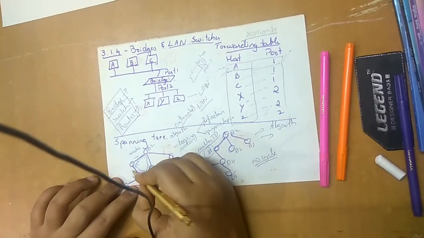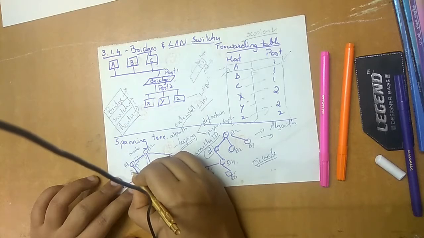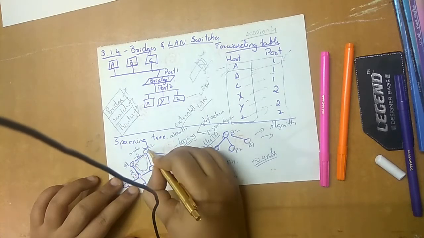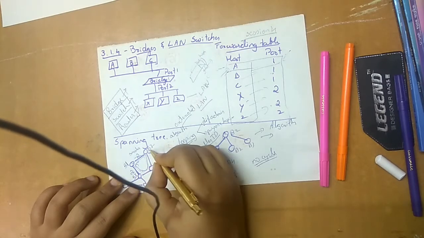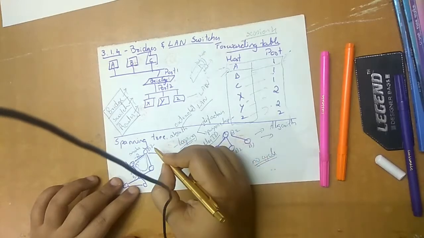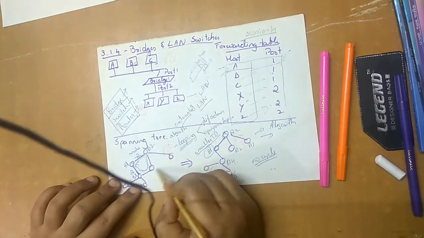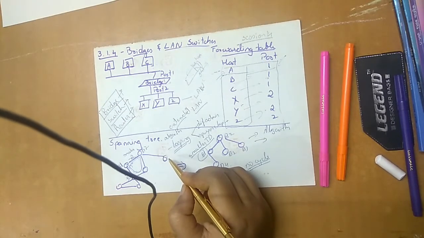Suppose B1 is the root, and B3 and B2 are at the same distance of 2 km. Which one will it choose? It will choose B2, because it has the smaller ID compared to B3. Constructing to the next bridges from B2 is also done in the same way.